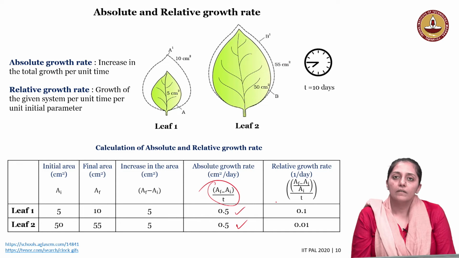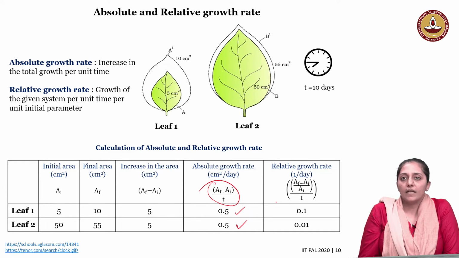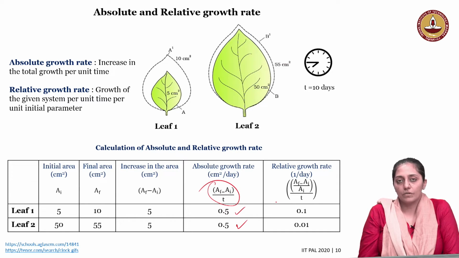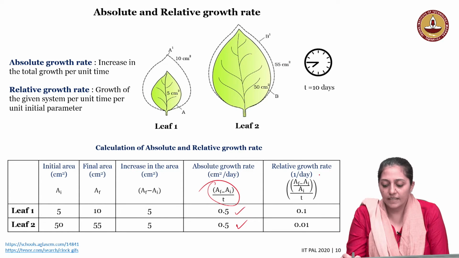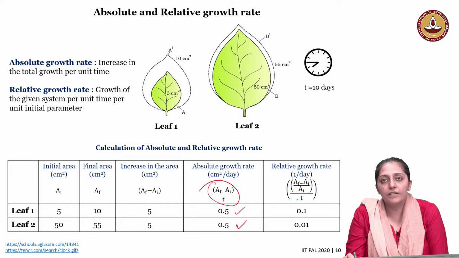Here we were depicting the change in the area to monitor the growth. Now, initial area being different in both the cases, if we use that also in the expression, we should be able to negate the difference in the initial values of the area. So, the relative growth rate in this case can be written as the change in the area per unit initial area happening in the given amount of time.